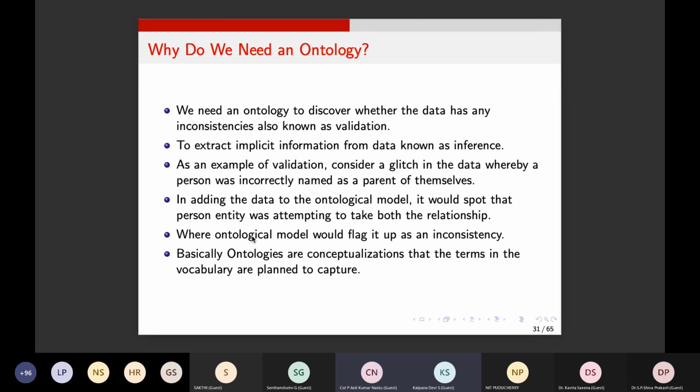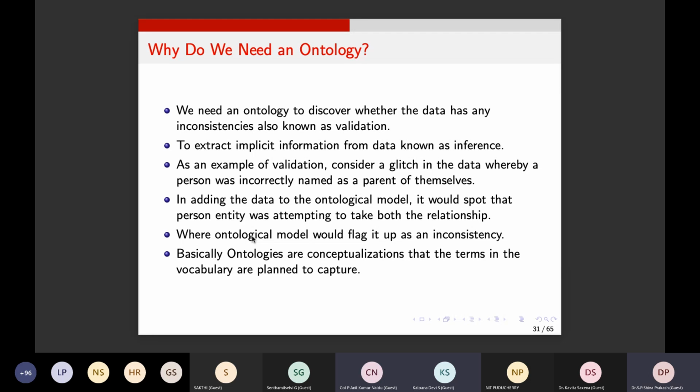Okay. Now, once we start writing an ontological model, we can identify whether the same entity or the same individual may have two relationships with the same device. Okay, so that can be easily identified, right? So the ontological model will help us to identify those inconsistencies, right?